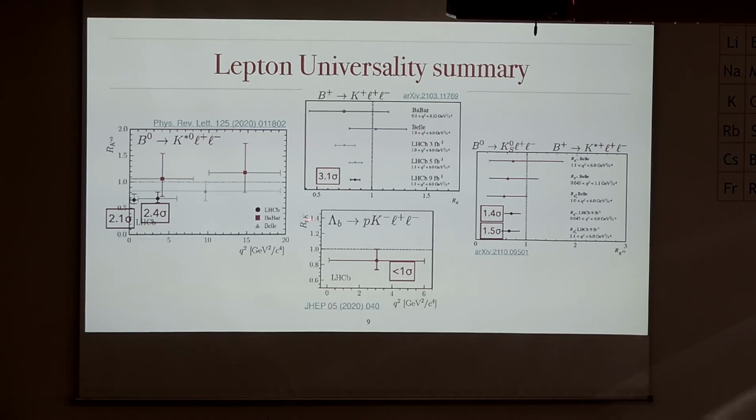You see in all of these plots you have a horizontal or vertical line at 1, which is the standard model prediction, also corrected by different things, and the measurements, which are these points, in ranges of Q square. The Q square range is written here.